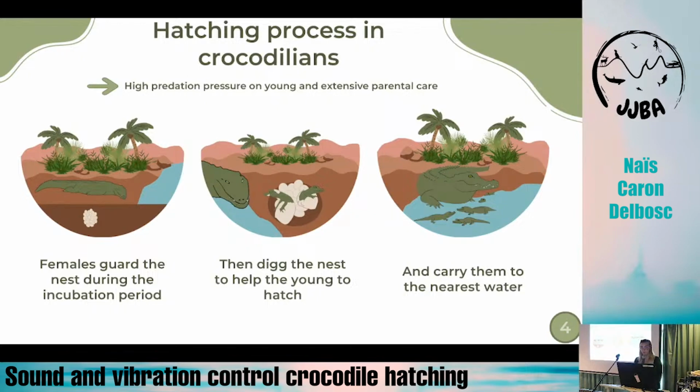And this digging behavior is induced by hatching calls produced by the mature embryos. And these hatching calls also elicit a response from the embryos, and they react by vocalizing themselves in response to this call.